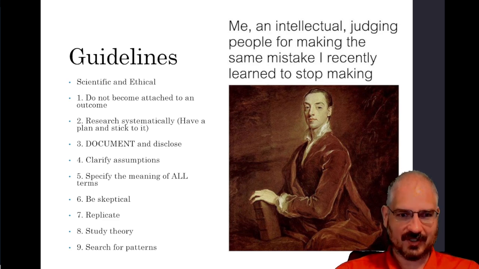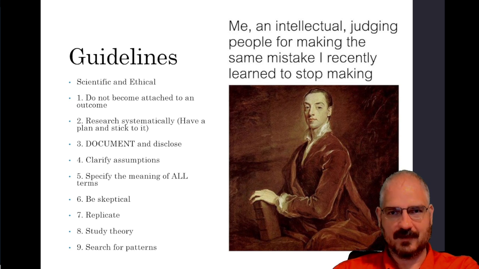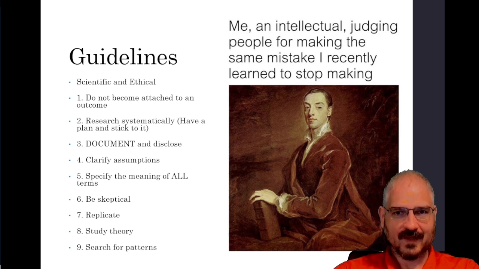And this gets into number two. Do this systematically. Set out the rules at the beginning, have your definitions, have your methods, have your measures, have your analysis plan in place, then perform it according to that plan, and be ready for that process to spit out an answer in direct contradiction to what you thought it would be.